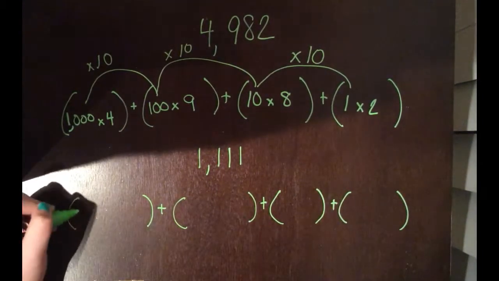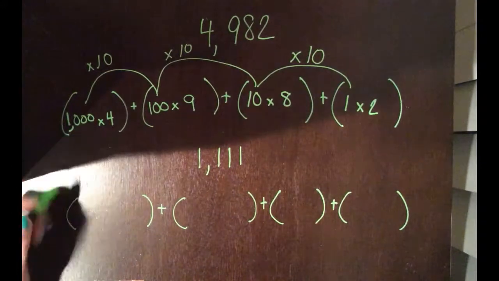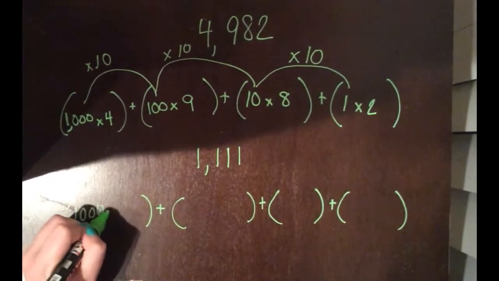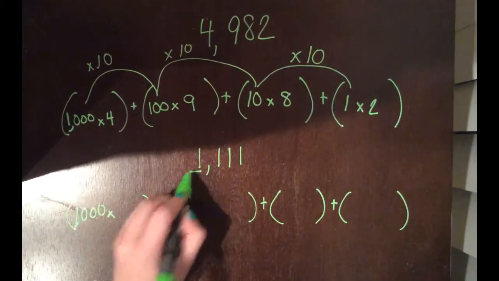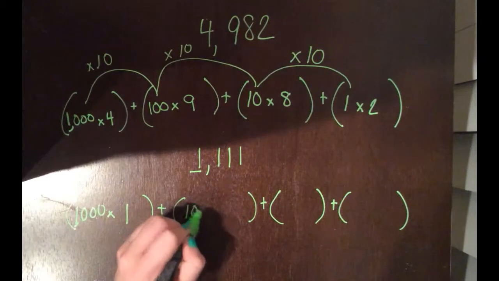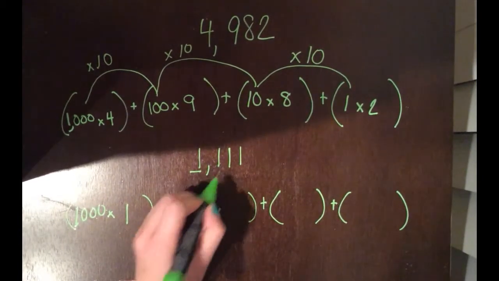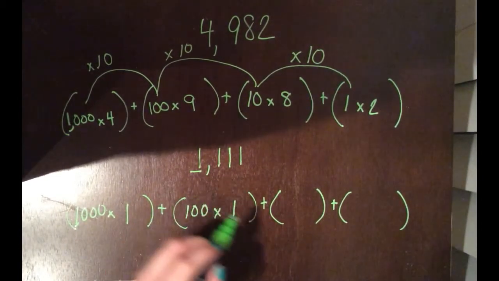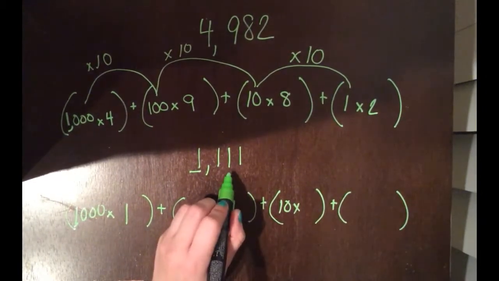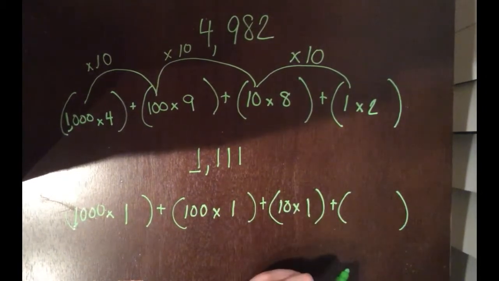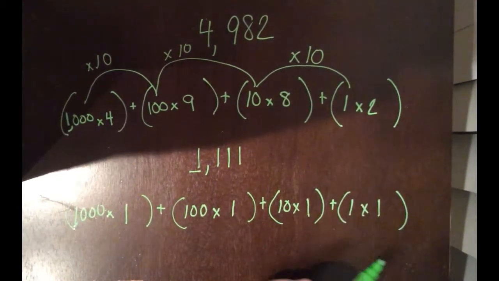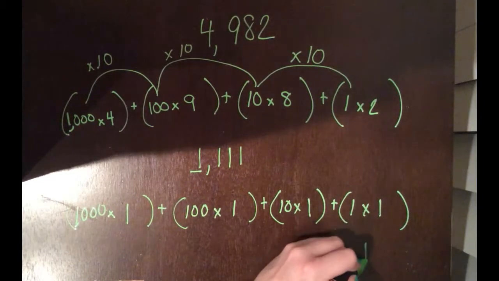Okay, and I would be able to say, again, 1,000, because what is my place value? 1,000 times, there's a 1, and then I would have 100, because that's my place value. What's the digit? 1. Okay, then I would have 10 times 1, because I have a 1 in my tens place, and then I have a 1 times 1. Okay, so if I did 1 times 1, it's 1.